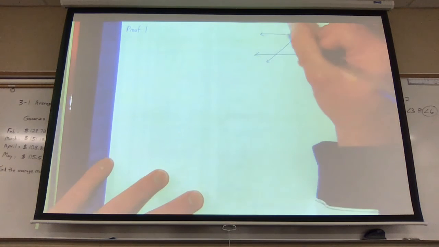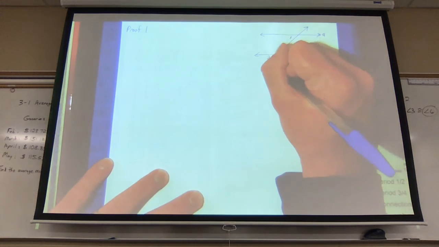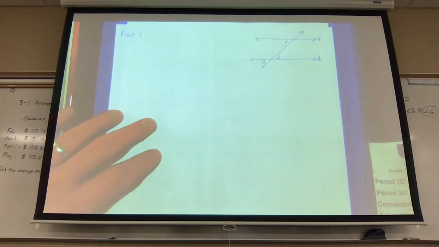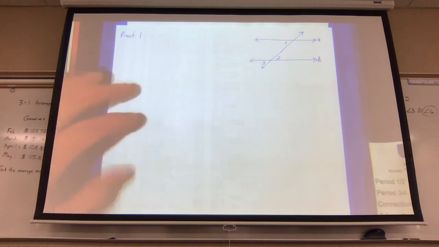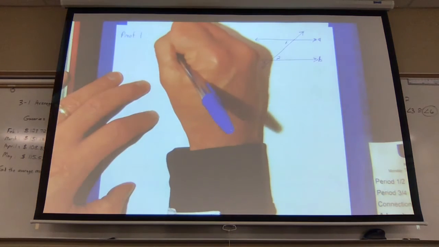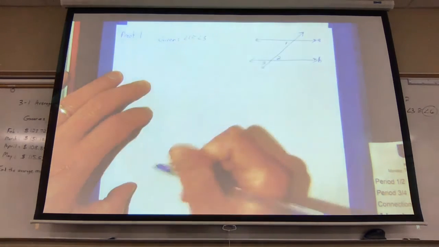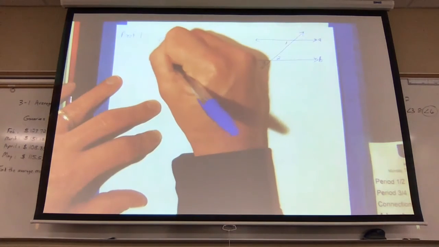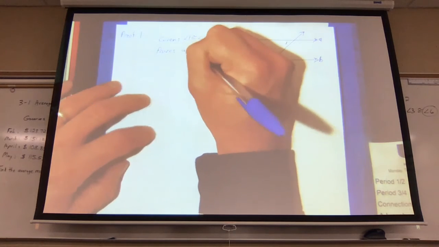On our picture, we're going to have 3 angles: 1, 2, and 3. Just like all proofs, we're going to have a given. The given here is angle 1 is congruent to angle 3. They're also going to give us a proof statement. We want to prove that A is parallel to B.